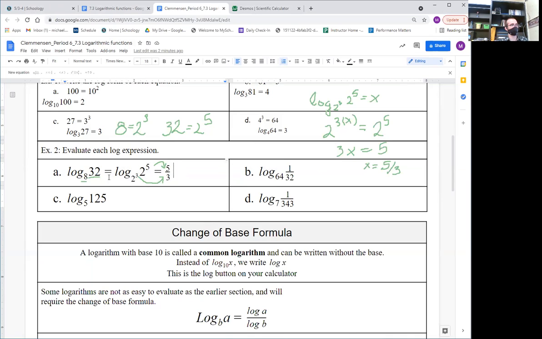Are there any questions on either way we did A before we move on to B? Anybody confused about anything? Anybody having problems understanding how I got 8 to be 2 to the third, and 32 to be 2 to the fifth, anything like that?